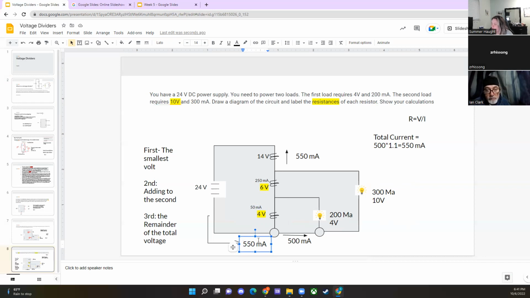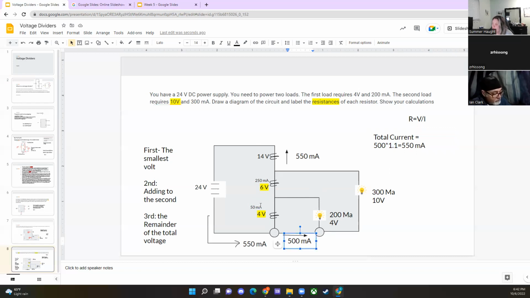The way that this 550 got found was just back to that bleeder current idea of 500 times 1.1. The reason that this says 1.1 and not 0.1 is because if we know that 90% has to go here, it means that this right here is 10%. So you could do 500 times 0.1 and get 50 and find this, and then go back and find this 550, right?